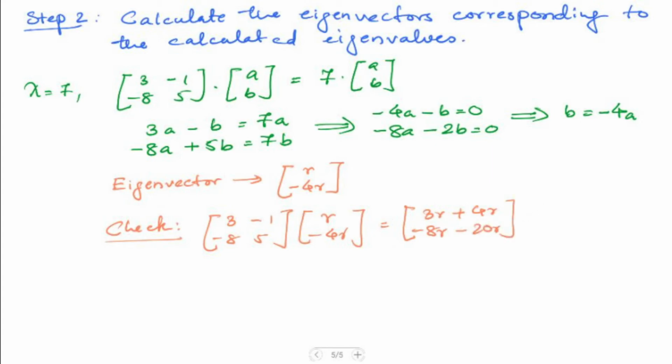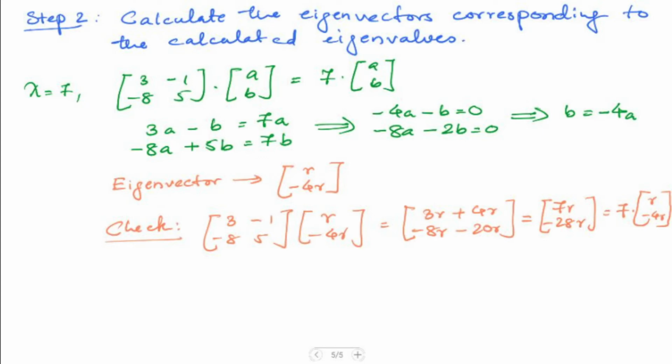That is equal to 7r, minus 28r. Now if you take out the eigenvalue as common, you get r and minus 4r, which is our eigenvector. So that satisfies what we just wrote here, right? So we checked that the answer is correct.